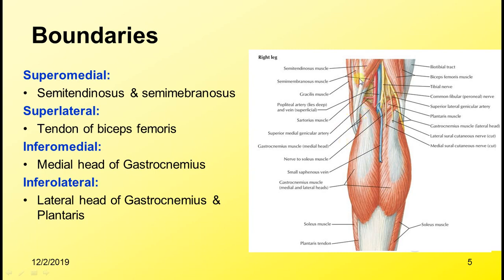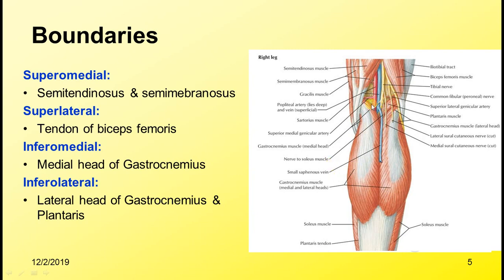So how can you tell immediately to identify the superomedial boundary? You see two muscles, semimembranosus and semitendinosus together. So that is how you identify it. Biceps femoris will be lateral to it. Now you might get a general doubt. Suppose only this part is exposed, how do you find out which is medial or which is lateral?